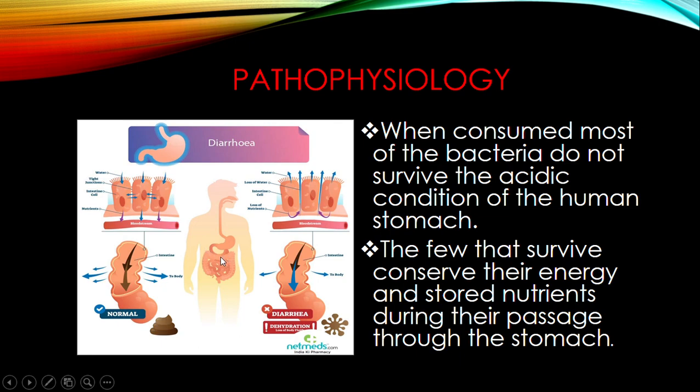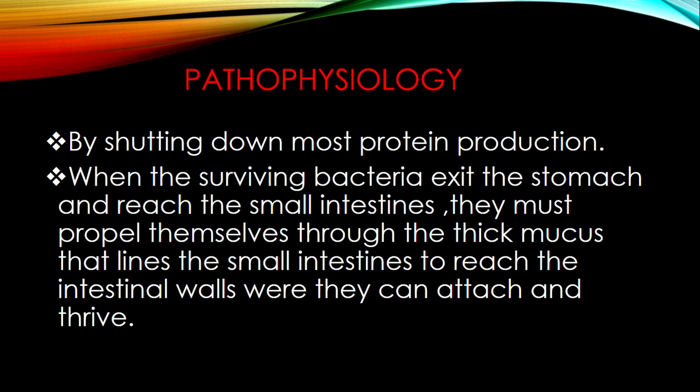So they will start propelling themselves with the help of the flagellum, as we saw on the structure that it has a flagellum. It will use that flagellum to propel itself against the thick mucus to go further to the walls, where they will attach and start thriving.